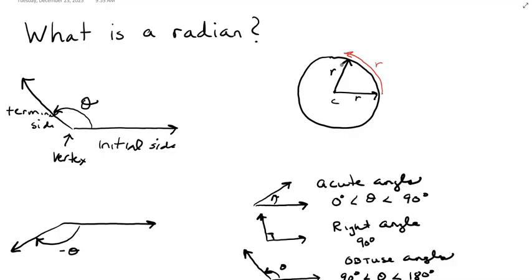If I draw my initial side and my terminal side such that if I were to travel along the circle from my initial side to my terminal side, the angle that that creates is called 1 radian.